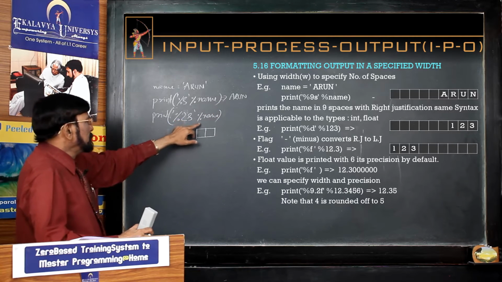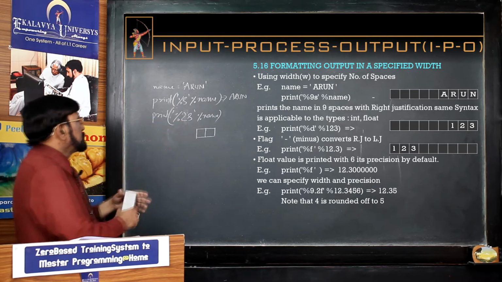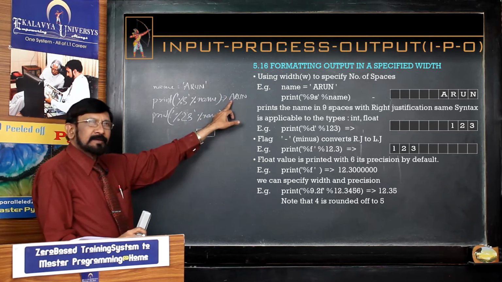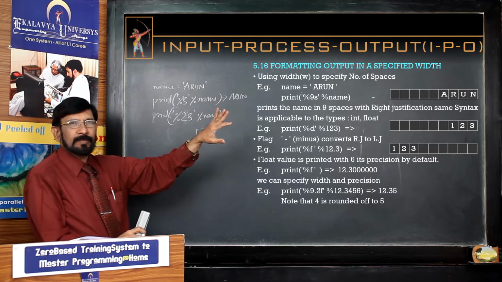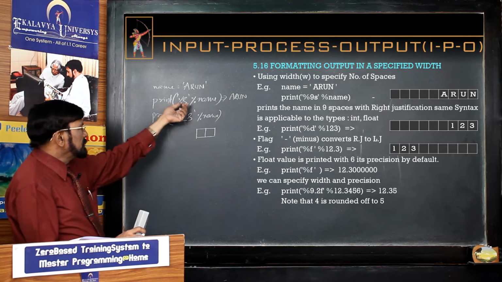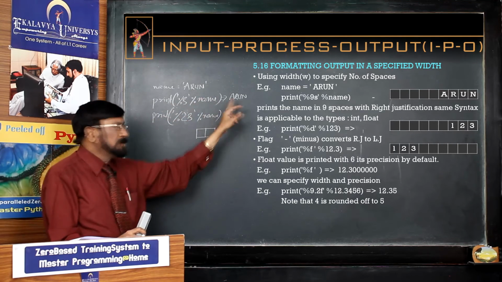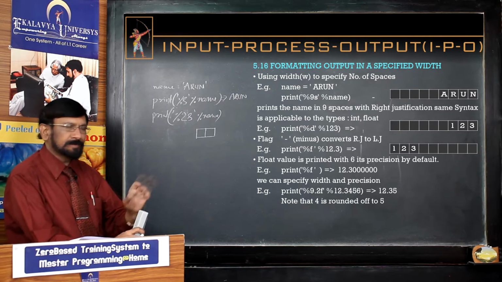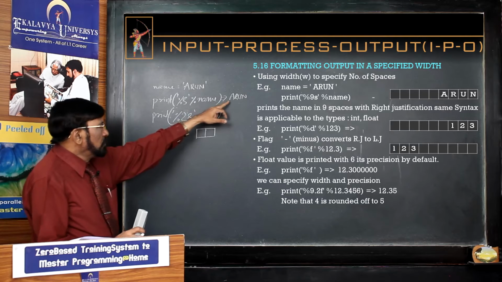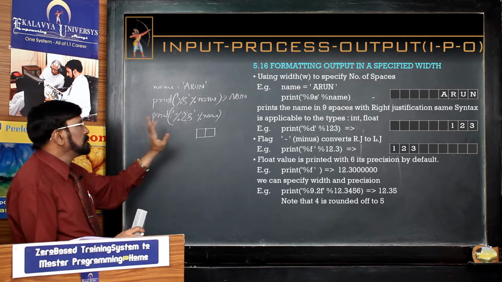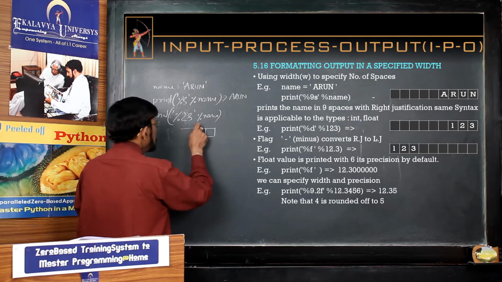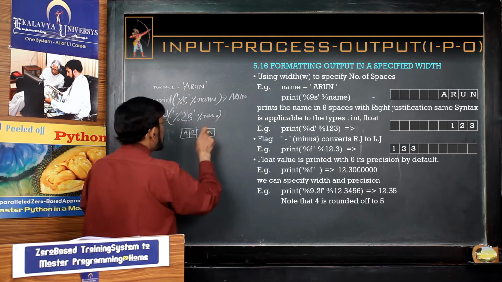That's why simply the print ignores this. That means it considers 4 or above. 4 also is by default. So, in this case 5 or above, it takes into consideration. If it is below 4, simply it ignores, and what happens? The 4 characters Arun is printed.